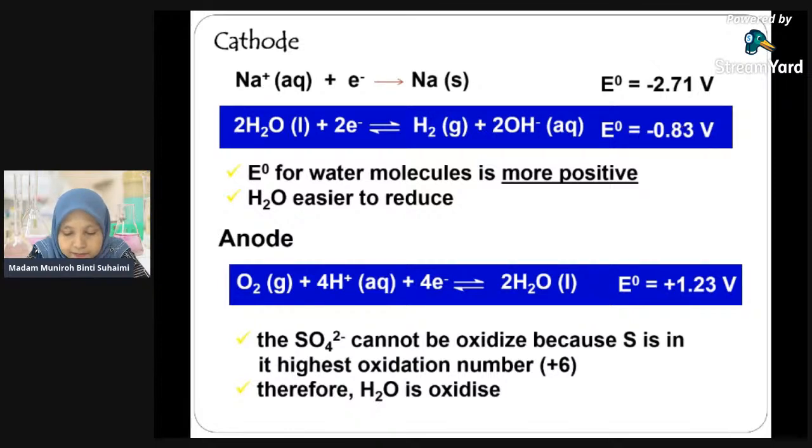Water is discharged at the cathode. For the anode, the sulfate cannot be oxidized because sulfur is in the highest oxidation number, which is positive 6. Therefore, H2O is oxidized. This is for inert electrode. At the cathode, water; at the anode, also water.